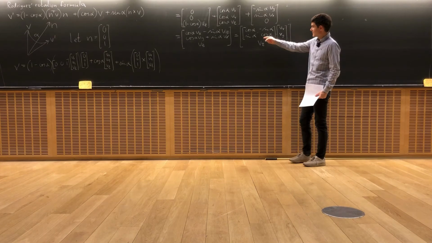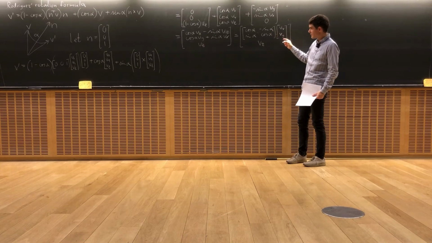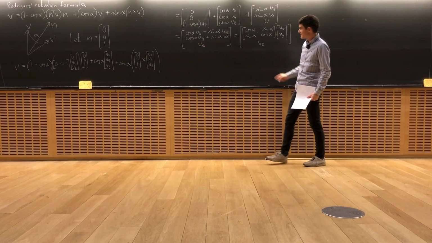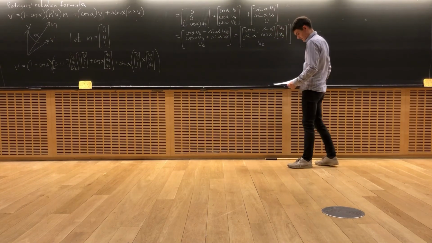Right, and then if you take this matrix times this vector, then this is what you're going to end up with.